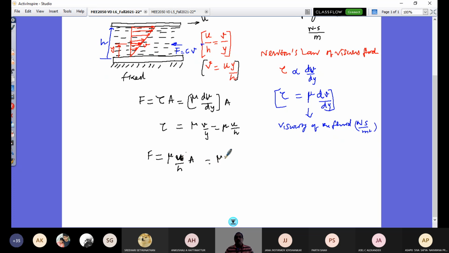So I would now have mu A by h into u. That is what F is at the top of the plate. That is the damping resistance offered to the plate, and this is what defines C into U, where C here is called the damping coefficient.